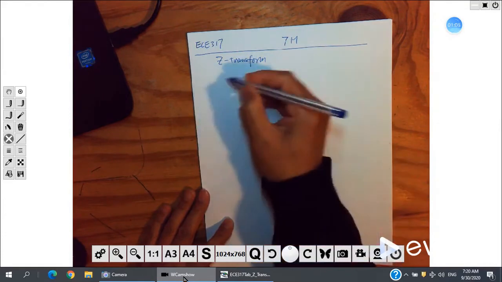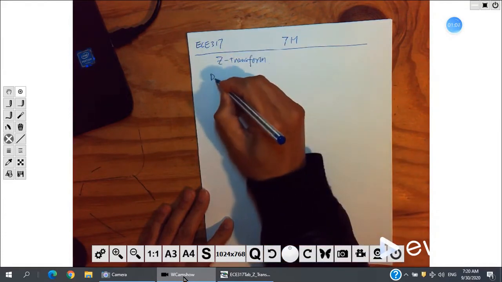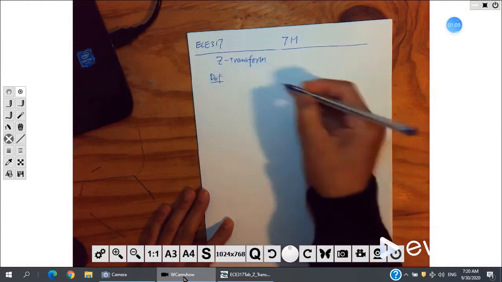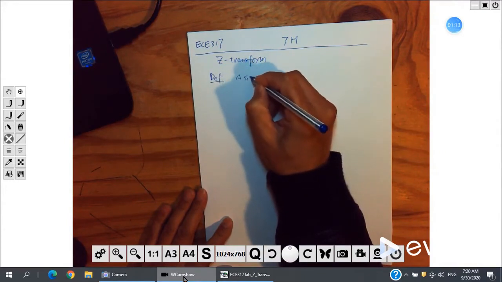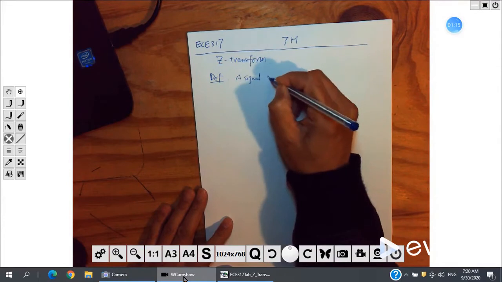So first about the definition. What is a Z transform? We consider signal x of n.